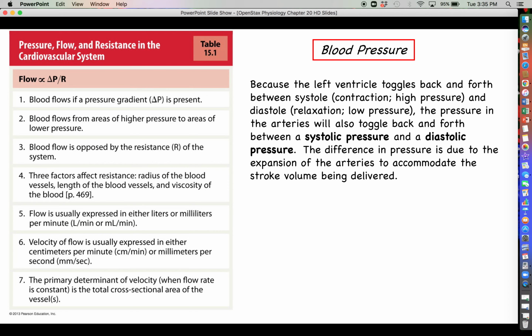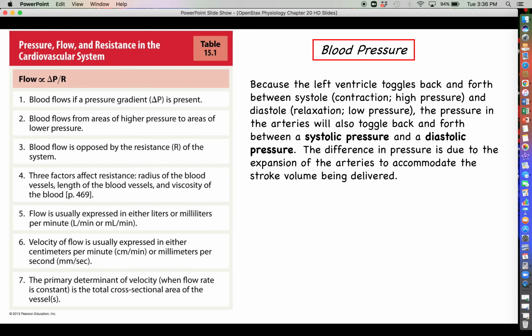The left ventricle toggles back and forth between its own systole, which is contraction, which drives up the pressure inside the ventricle, and then a diastole period in which it is relaxing and the pressure is relatively low. Because the left ventricle goes through this high pressure, low pressure toggling back and forth, that also causes the pressure in the arteries to toggle between a higher systolic pressure and a lower diastolic pressure.